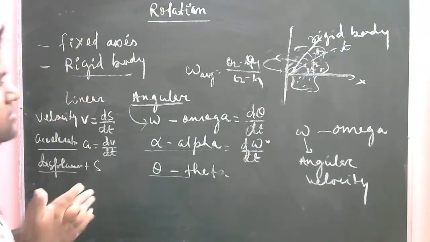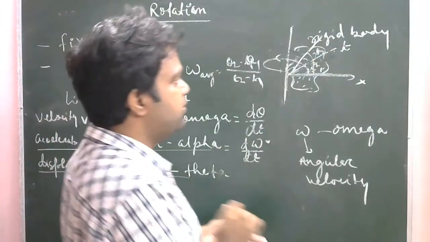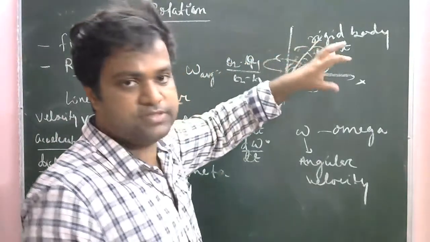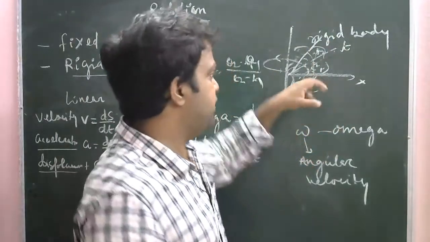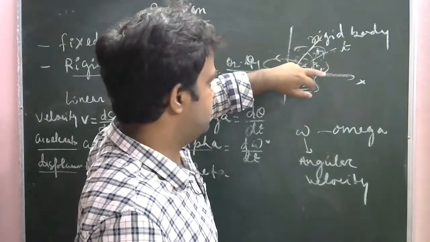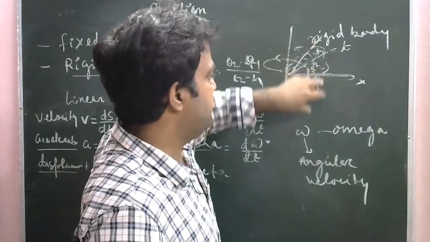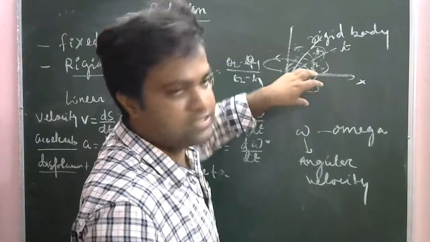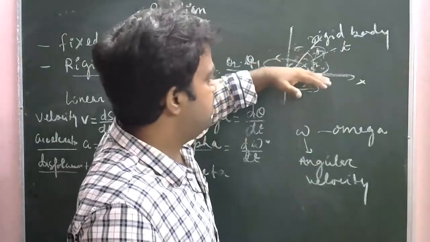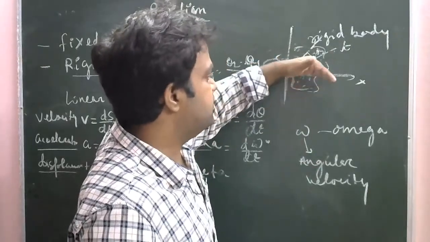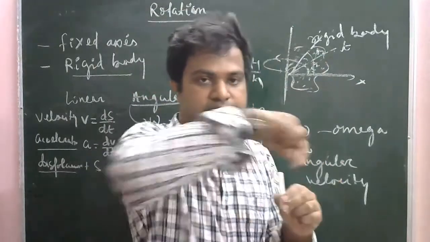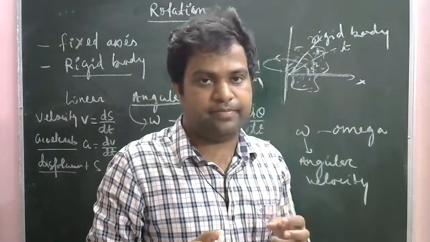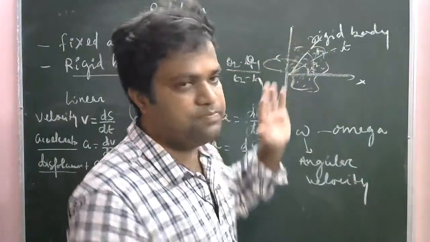Now we'll discuss how we get theta, the displacement. Remember the rule: anti-clockwise theta is positive, and clockwise is negative. If an object revolves clockwise, we say theta is negative. Anti-clockwise theta is positive.